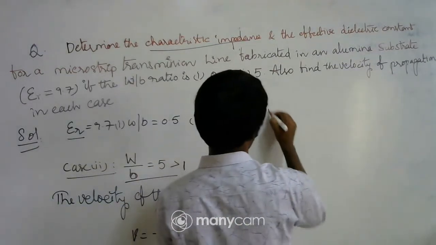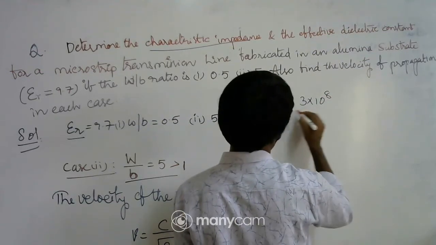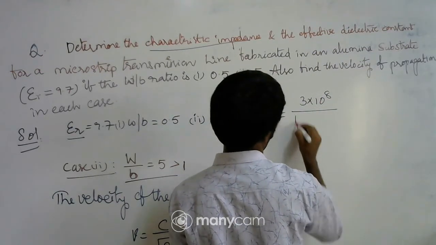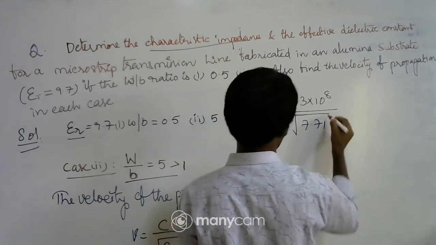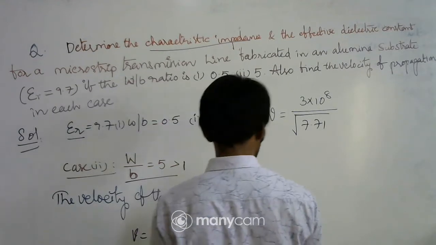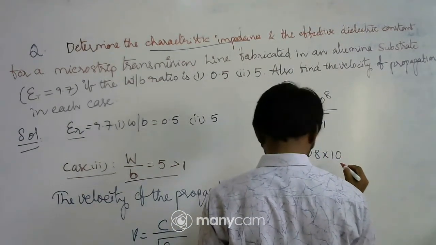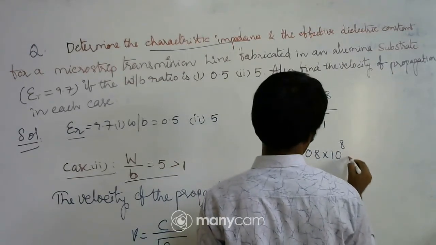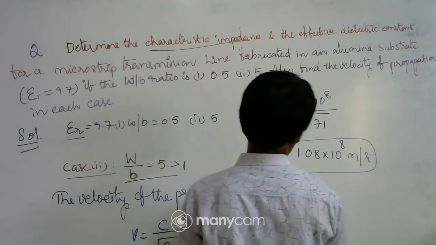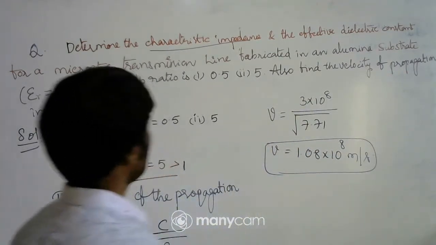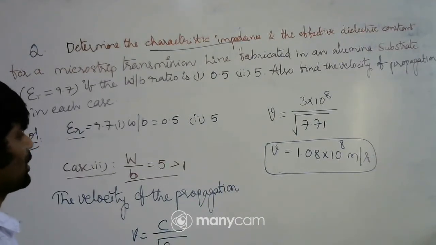Substitute the value. V is equals to C means 3 into 10 to the power of 8 divided by square root epsilon effective means 7.71, right? Substitute that value. What is the answer we get for this? 1.08 into 10 to the power of 8 meters per second. This is the expression for the velocity of propagation in the second case.